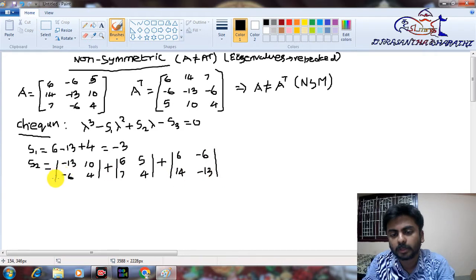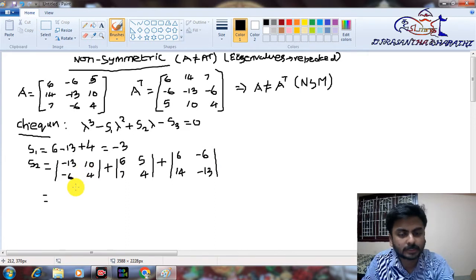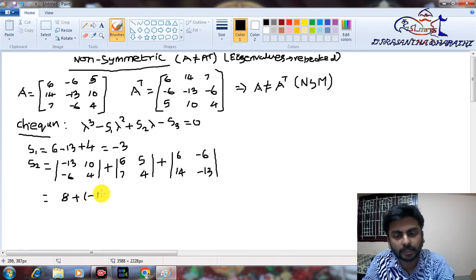Okay, so our s2 value will be: minus 13 into 4 is minus 52, plus 60. So minus 52 plus 60 is 8. And then plus, here 6 fours are 24 minus 35. So 24 minus 35 is minus 11.